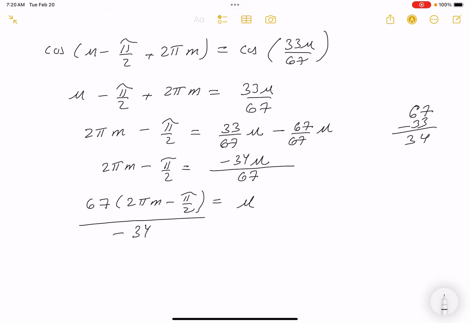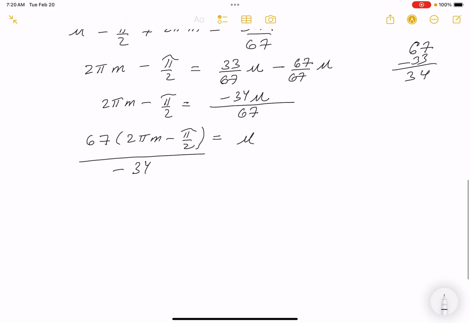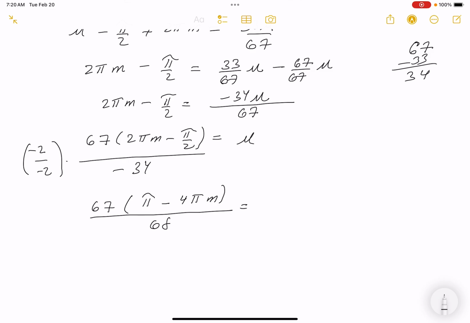That'll give me a u. All right, I'm going to write it a little differently. And I'm going to put 67. I'm going to multiply top and bottom by minus 2. And you get this over here. You can get pi minus 4 pi m. And that's going to be 68 in the bottom now. And that equals u.